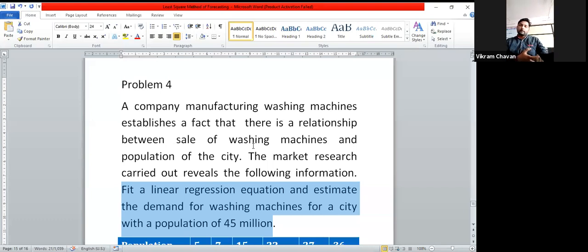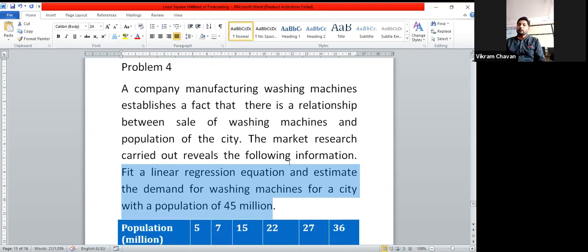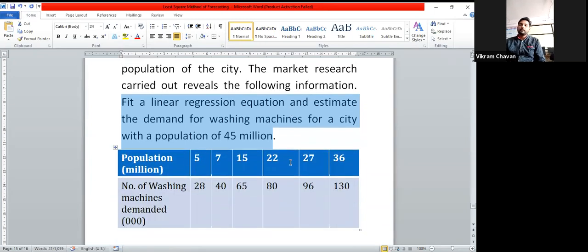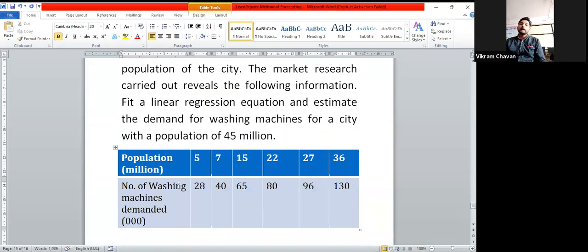The number of population is correlated to the number of sales of washing machines in that city. The data provided is population and number of washing machines demanded in thousands: 28,000, 40,000, 65,000, in that format, that is 28 multiplied by 1,000.